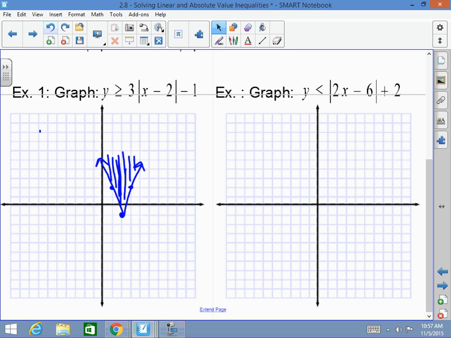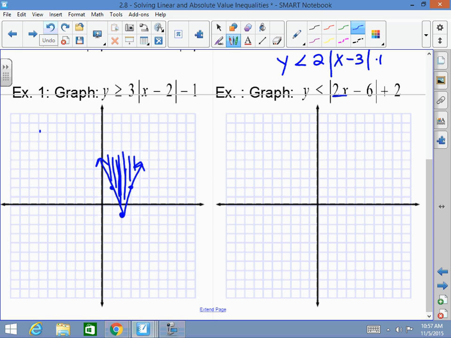You first have to factor out this 2. So when I factor this out, this is a 2 that I factored out. 2 divided by 2 is x, and that's minus 3, and that's plus 2. Now, what's my vertex? 3, 2.